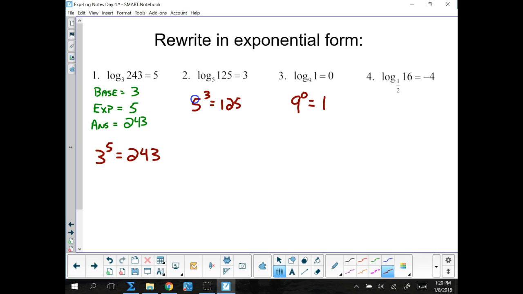Fourth one, 1/2 to the negative fourth power is equal to 16. And all of those are true statements. Just like all of the logarithmic forms are also all true statements.